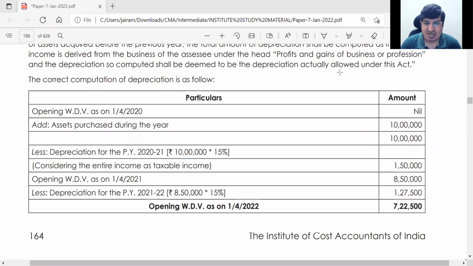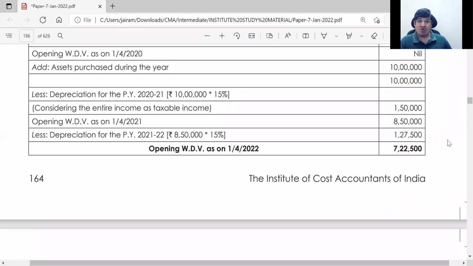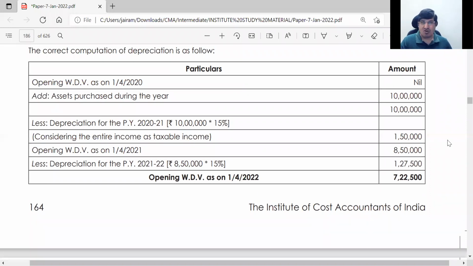Now after this, what do you have to do? You now know that the total depreciation is 1,27,500. What do I mean by total? Agricultural and non-agricultural.